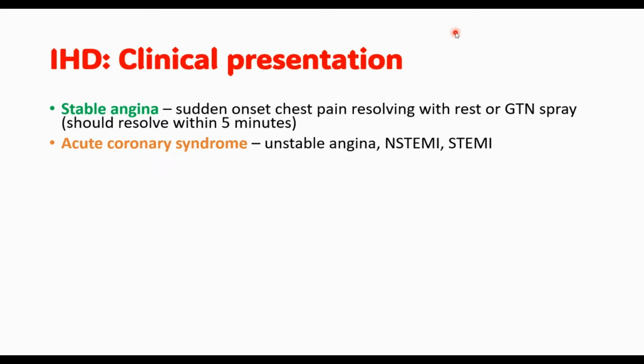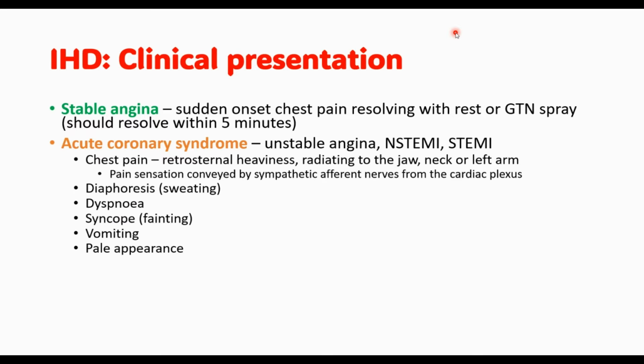Next, we have acute coronary syndrome, which includes conditions such as unstable angina, non-ST elevation myocardial infarction, an NSTEMI, or an ST elevation myocardial infarction, a STEMI. It's important that you're aware of some of the symptoms patients might report.